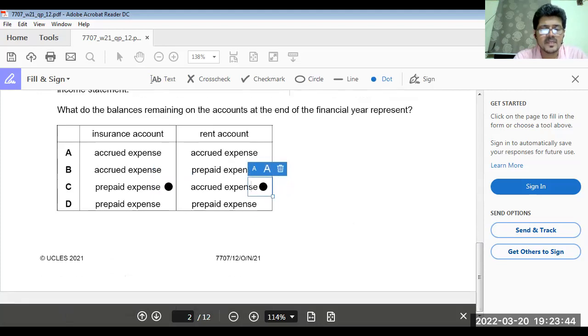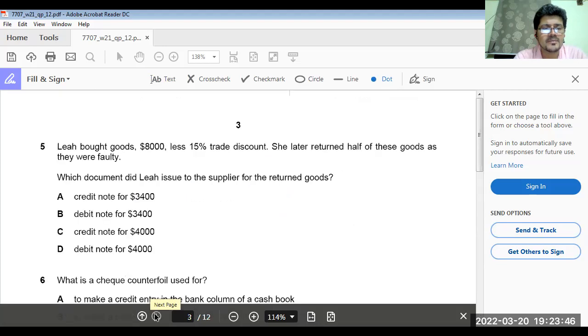Okay. Now move to the next question. Question number 5. Lee bought goods worth $8,000, with 15% trade discount. She later returned half of these goods as they were faulty. Which document did Lee issue to the supplier for the returned goods? Obviously, debit note. When a person is returning goods, he will issue a debit note.